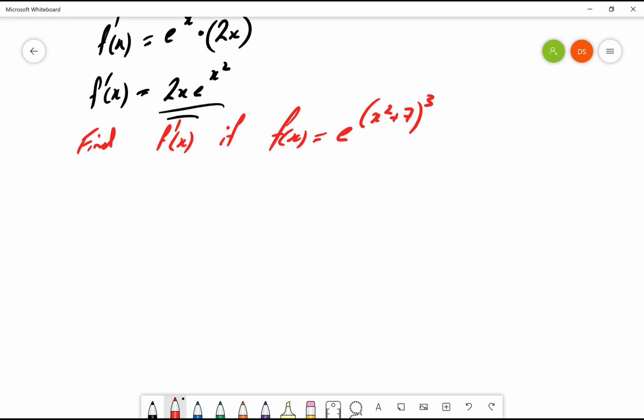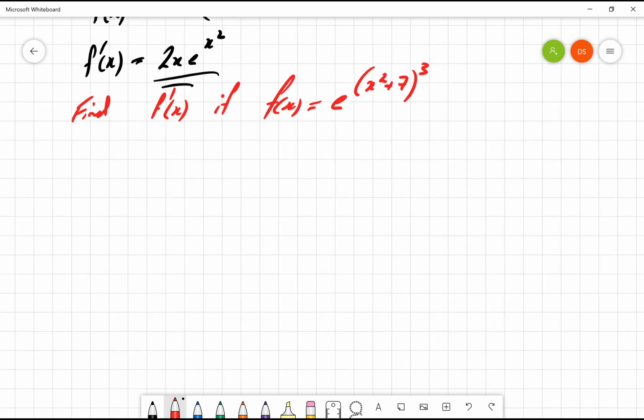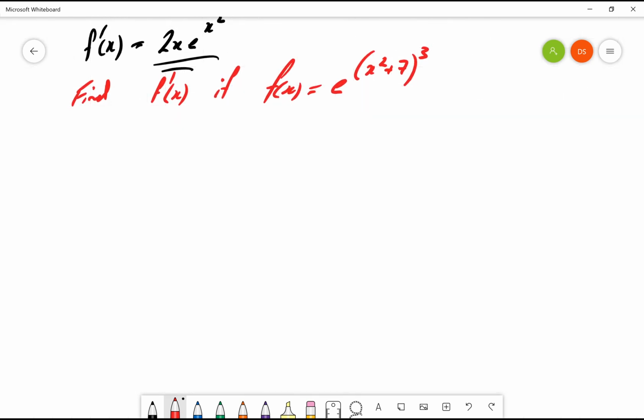Okay, give it a go. I'm going to just wait and see what you guys can come up with. I'm going to give you about a minute.